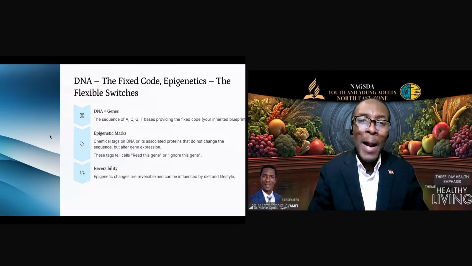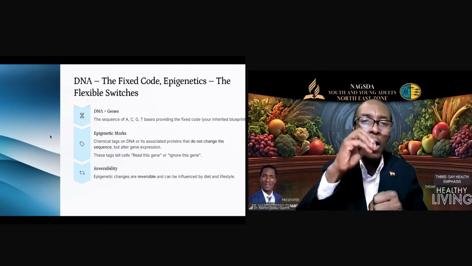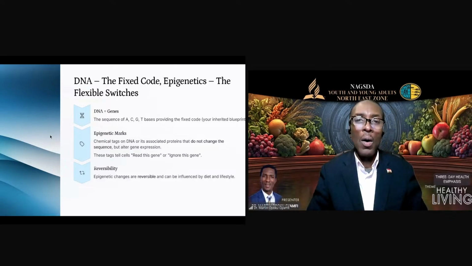Epigenetic marks are chemical tags on the DNA or the protein that is associated with the DNA. And they do not change the sequence. They do not change the ACGT.